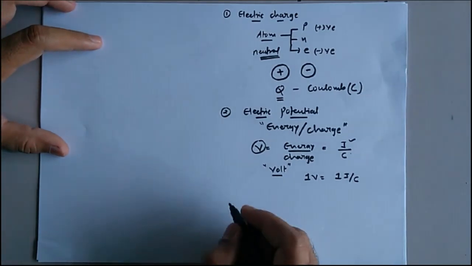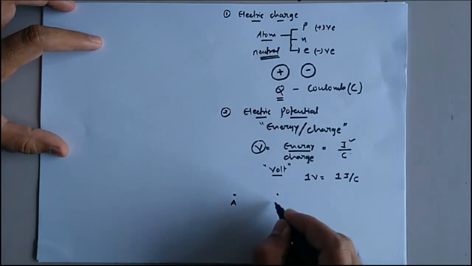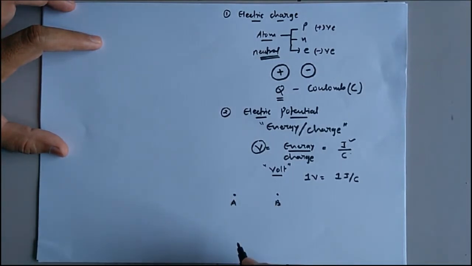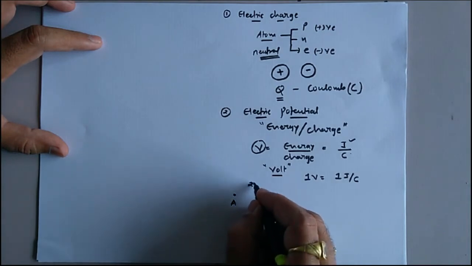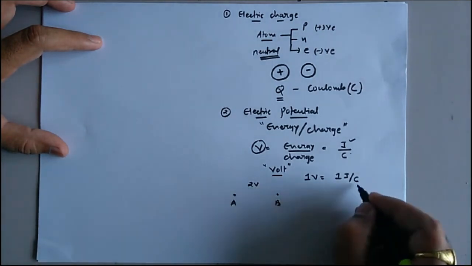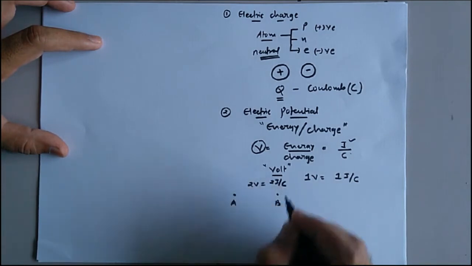For example, if we are having 2 points, point A and point B, and suppose the potential difference between these 2 points is say 2 volt. So from this definition I can write 2 volt as 2 joule per coulomb.